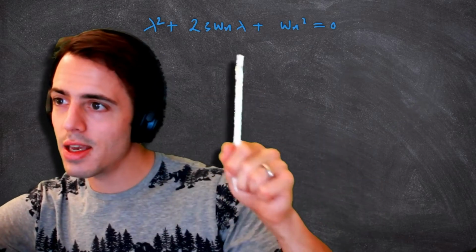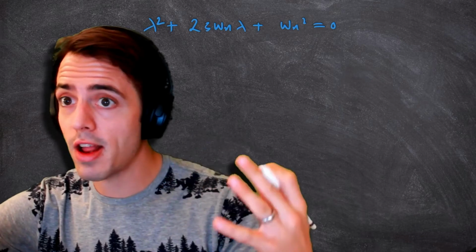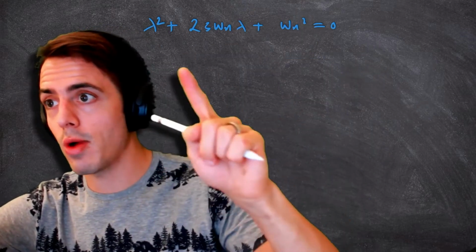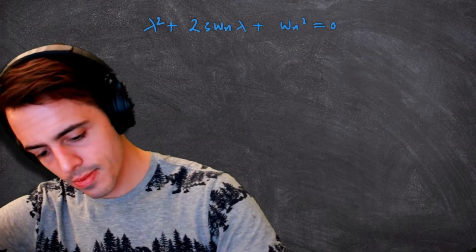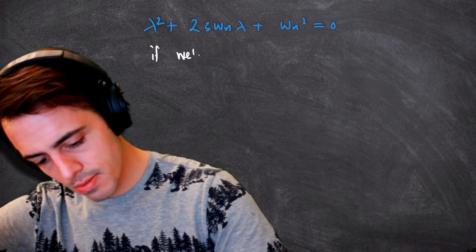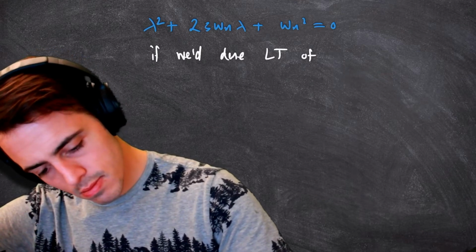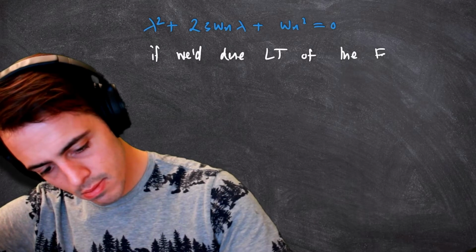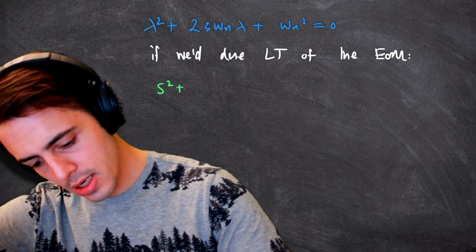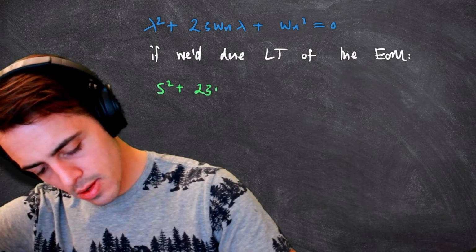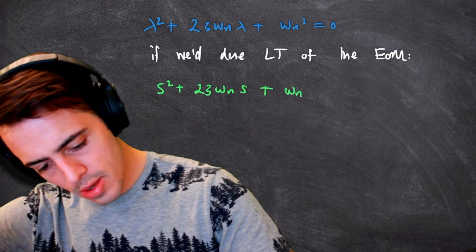If we'd taken the equation of motion with zero initial conditions and then done a Laplace transform of it, we would have arrived at the characteristic equation in terms of the Laplace operator and not lambda. So we would have ended up with s squared plus 2 zeta omega n s plus omega n squared is equal to 0.